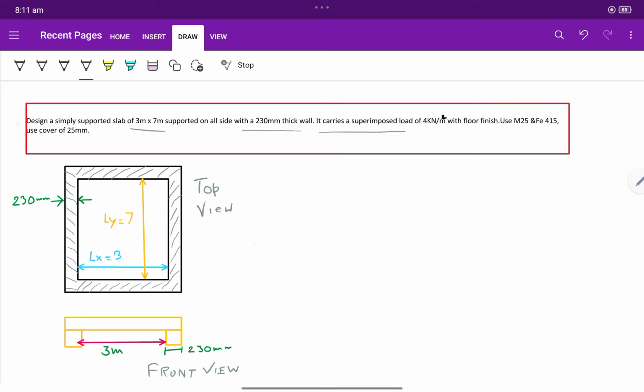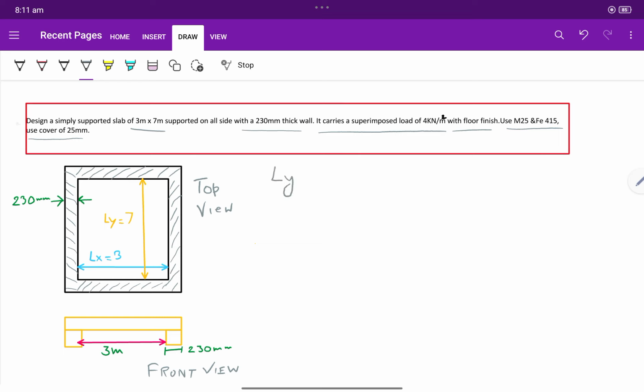It carries a superimposed load of 4 kilonewton per meter square with floor finish. Use M25 and Fe415 and use a cover of 25 mm.